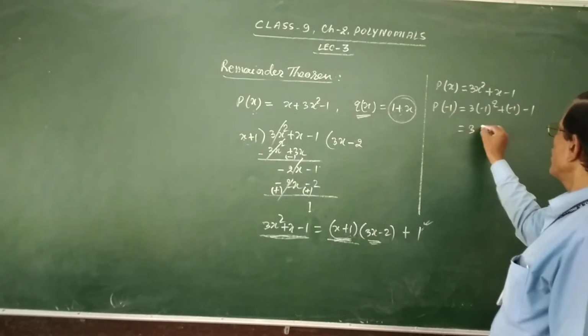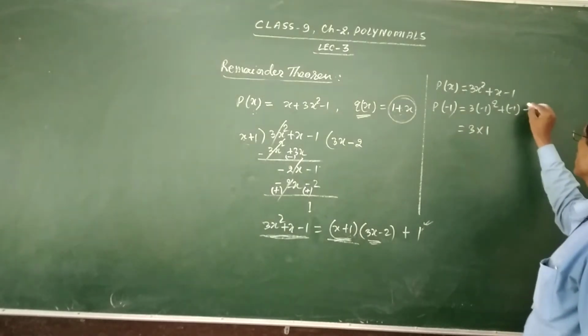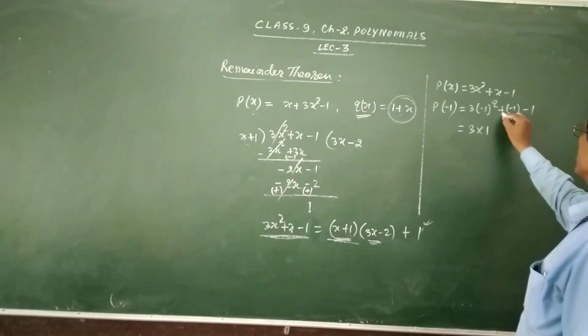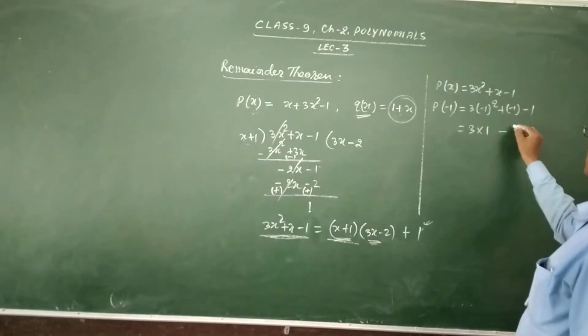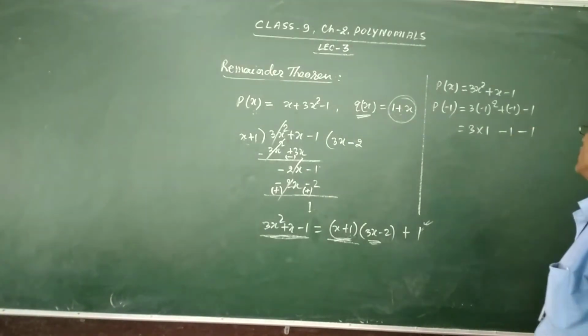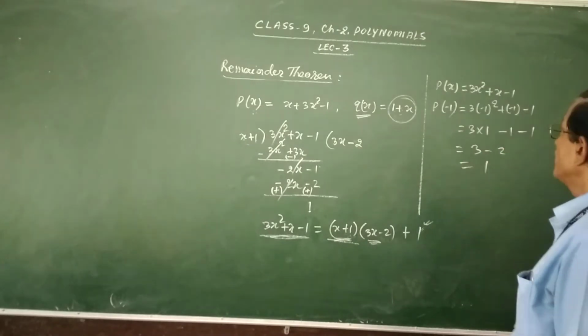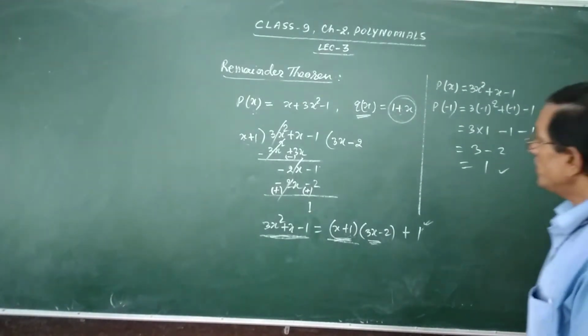It is equal to 3 into 1, minus 1, minus 1, that is minus 1 minus 1. So 3 minus 2, that is 1. P minus 1 is 1.